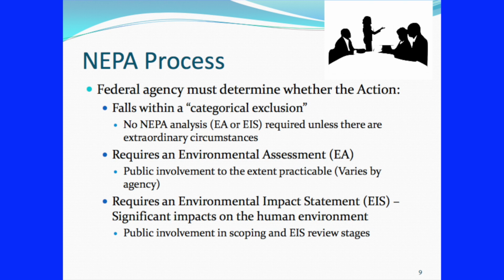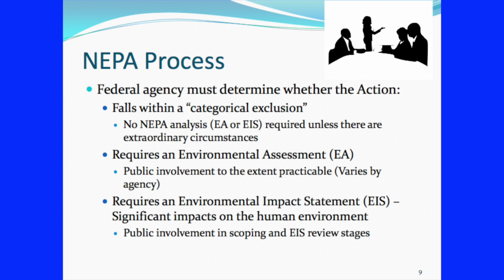The next one down, if it doesn't fall within a categorical exclusion, the agency may decide to perform an environmental assessment, which I think, again, most people are familiar with. It's a smaller version of an environmental impact statement. It goes through some of the effects, and basically the bottom line is, is this a major federal action that would have a significant effect on the environment?